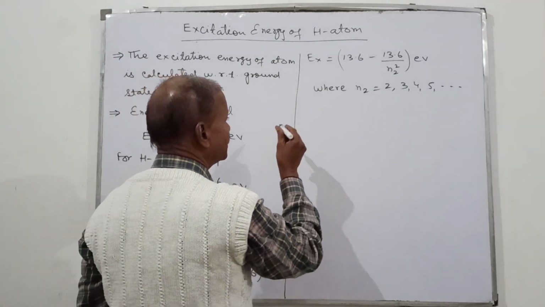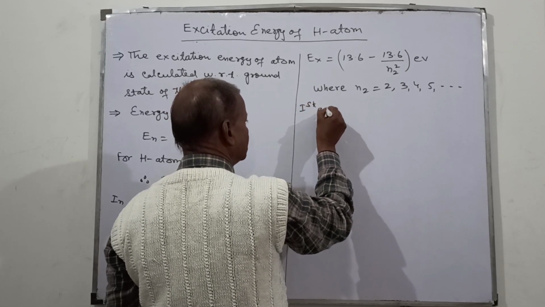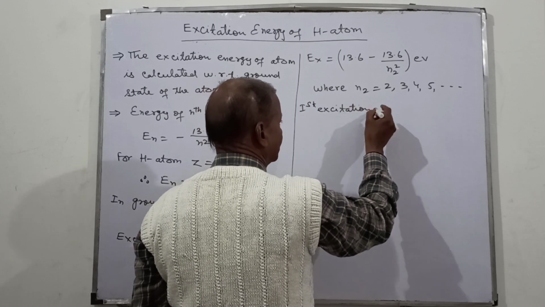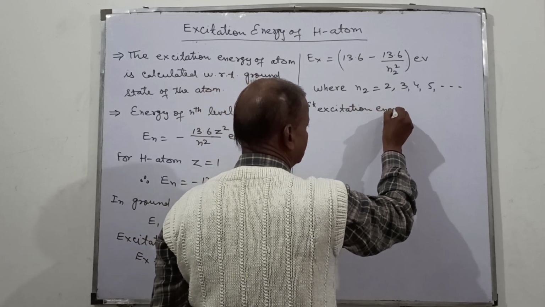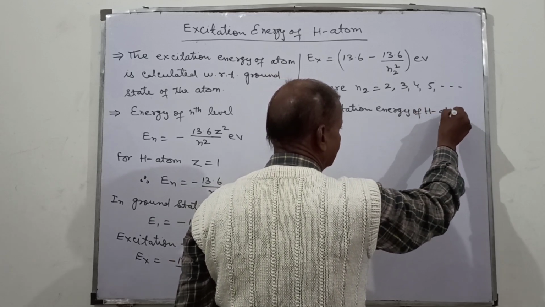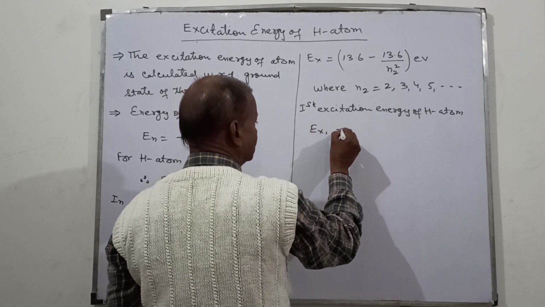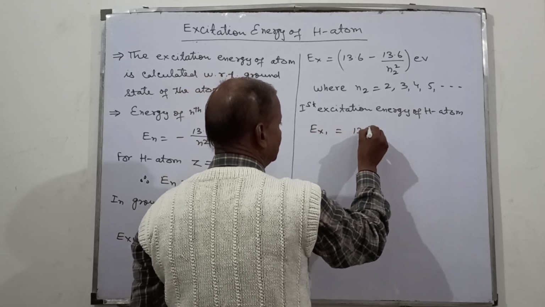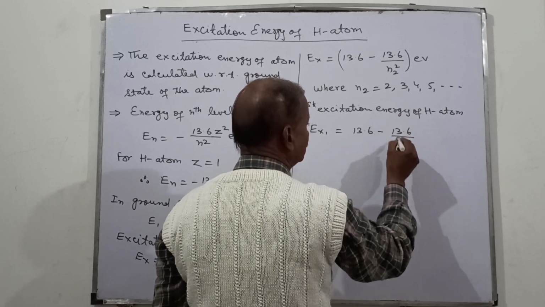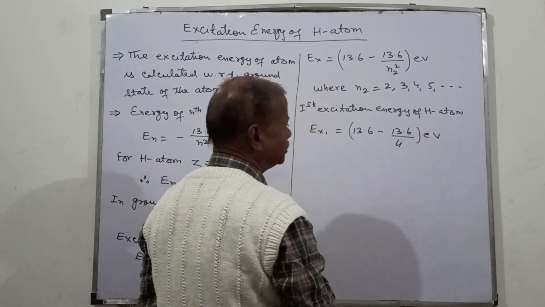Now for the first excitation energy of hydrogen atom, EX1 is equal to 13.6 minus 13.6 upon 4 electron volt.